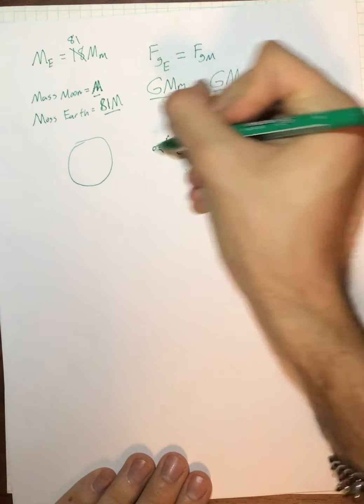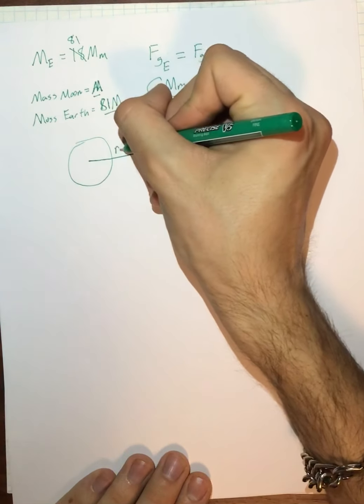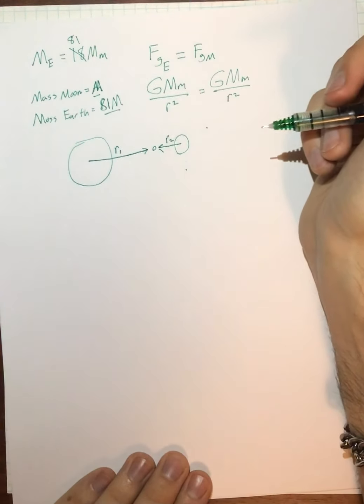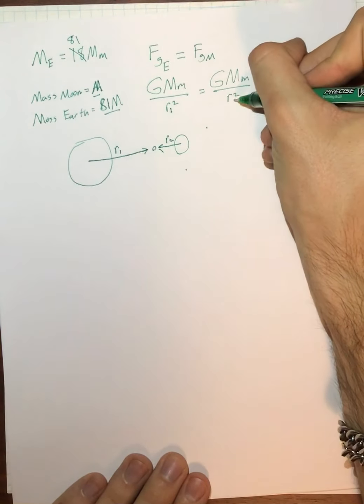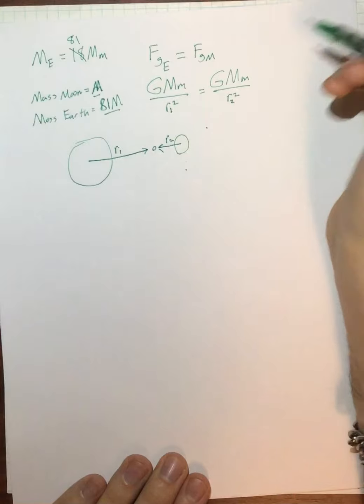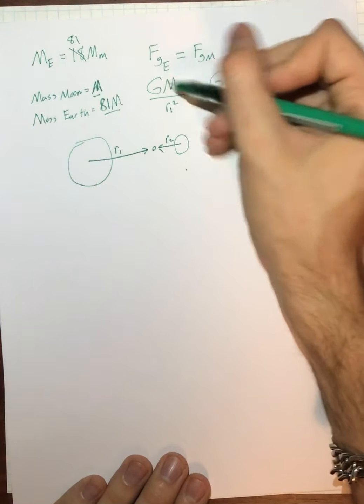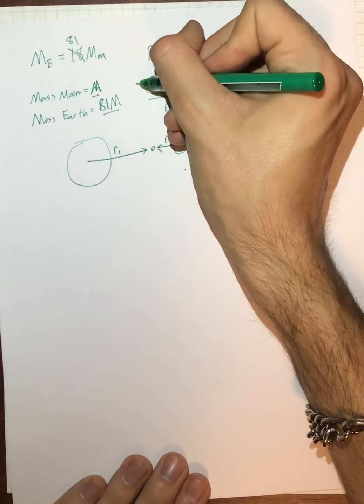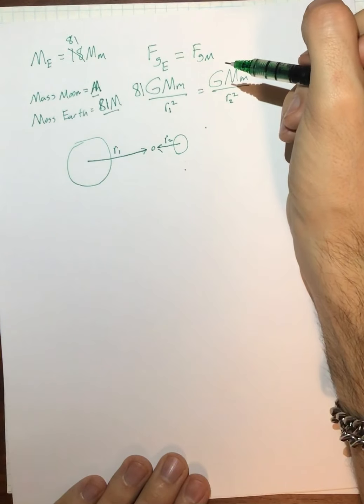We'll call that R2. And we will try to be solving for R1, the distance from the center of the Earth to that point. So this one for the Earth will be R1. This one for the Moon will be R2. Now, the only thing different is that I needed to add in the 81 times for the Earth. So 81M is going to be there.